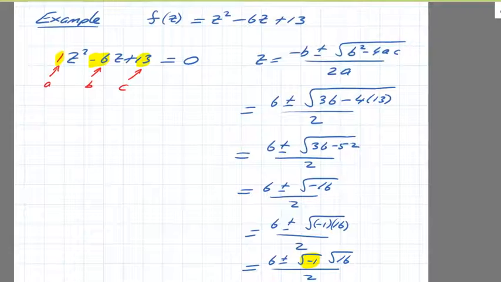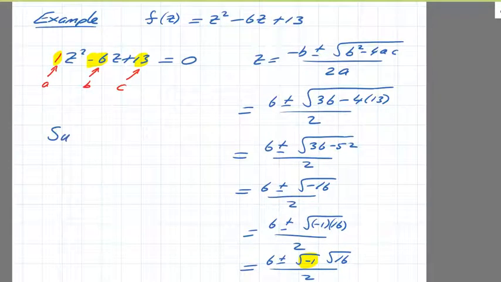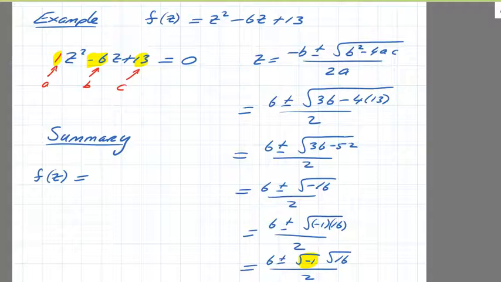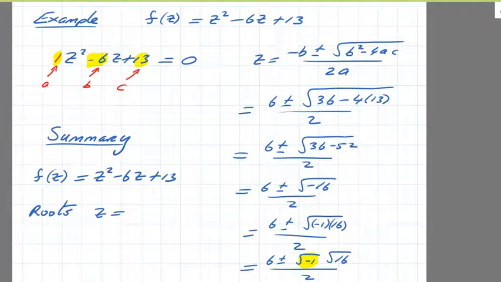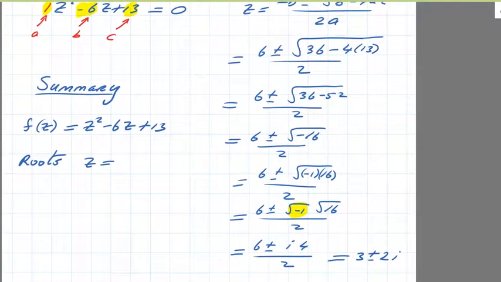Just to summarize what happened there, if you have f of z is equal to z squared minus 6z plus 13, the roots of that are z equals 3 plus or minus 2i.